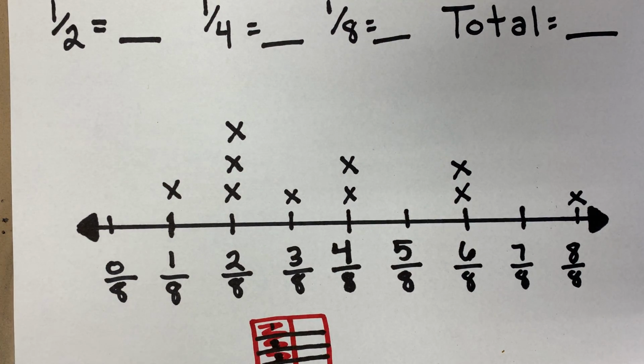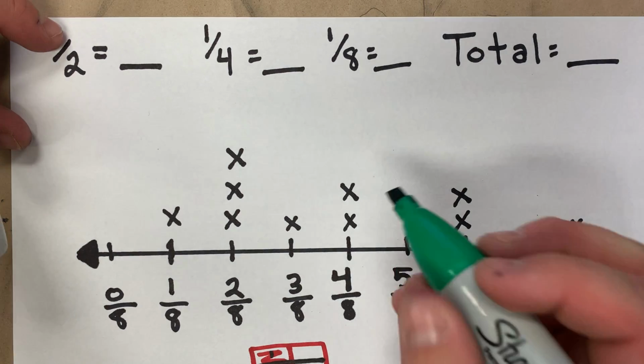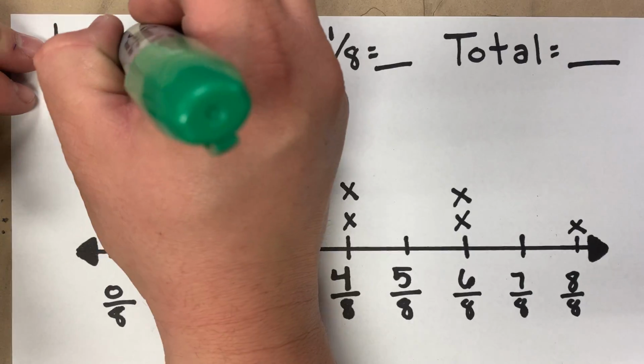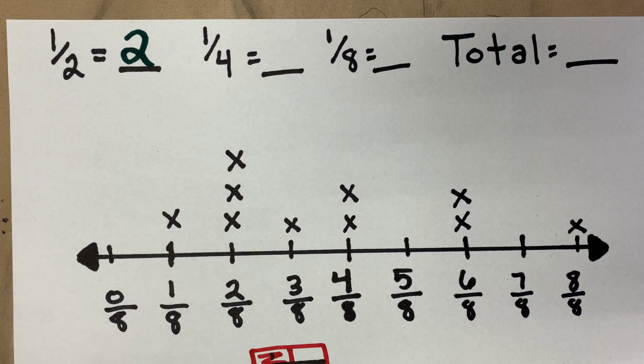So now I need to know the frequency that an object was measured at 1/2 an inch. I can count my X's very simply: 1, 2. So 2 objects were measured at 1/2 of an inch.